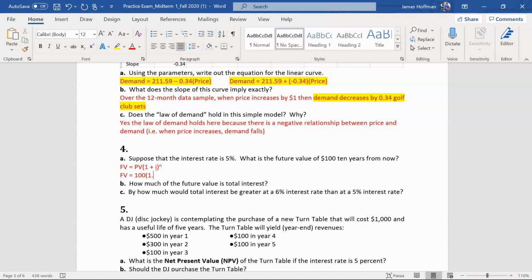Okay, so you get 1 plus the interest rate, and the interest rate is 5%, so that's 1 plus 0.05, which is 1.05. And that's going to be compounded for 10 years, so n is 10.